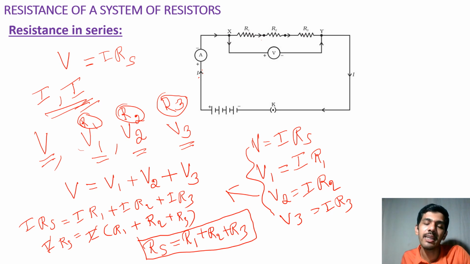So I can say that the effective resistance of the system of resistors connected in series is equal to the sum of the individual resistors, that is Rs is equal to R1 plus R2 plus R3.